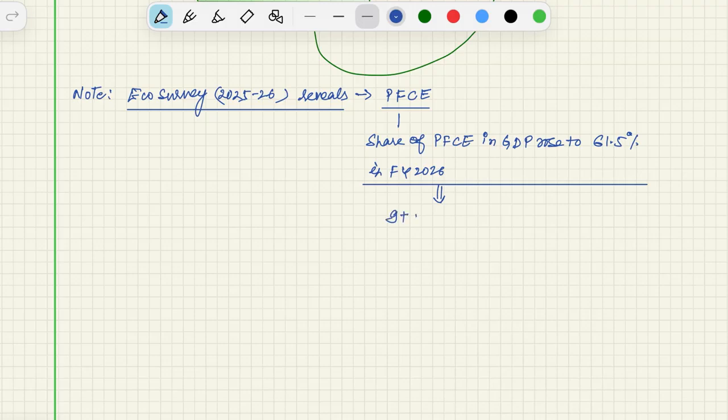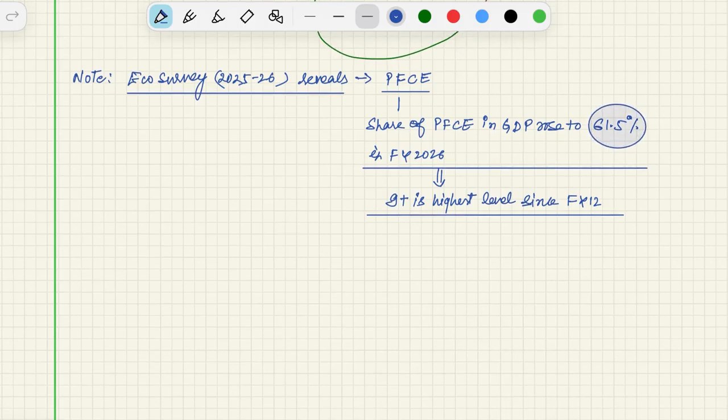It is the highest level since financial year 12, that is, since 2012. Households have never spent this much, 61.5% of GDP.